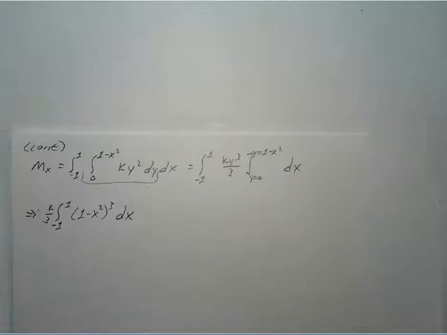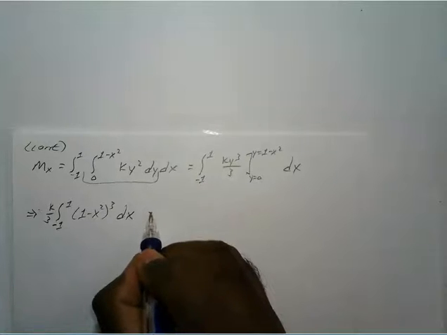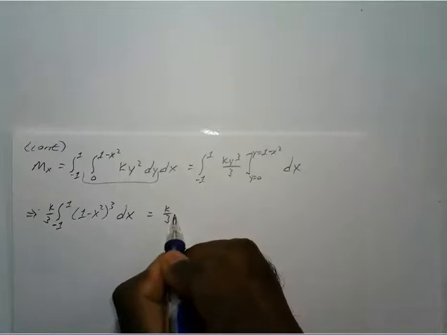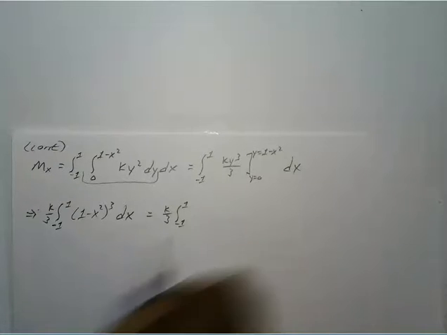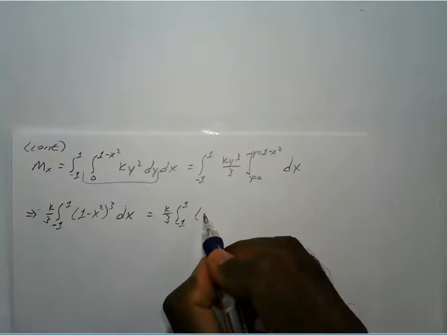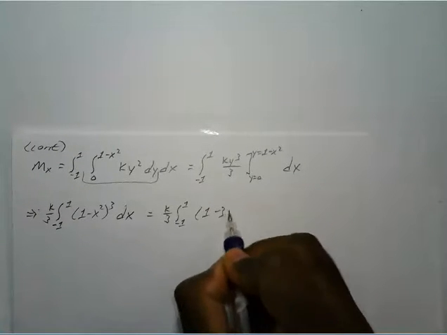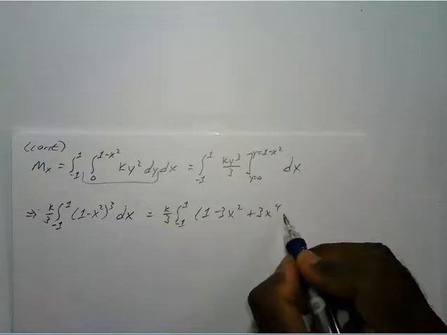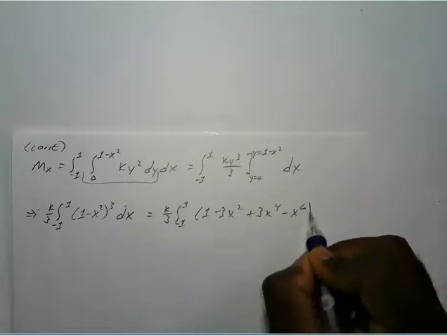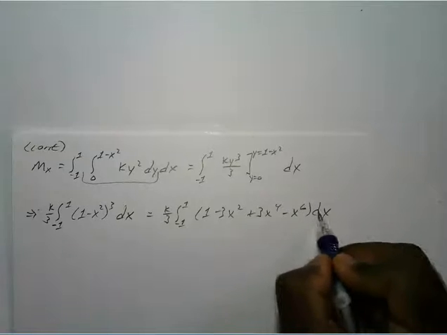Okay, so 1 minus x squared to the third will just equal, from -1 to 1, 1 minus 3x squared plus 3x to the fourth minus x to the sixth power with respect to x.